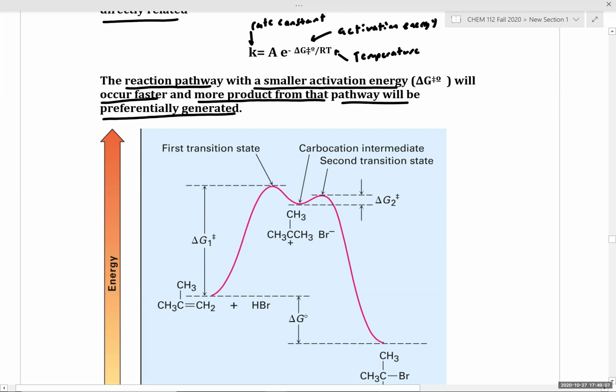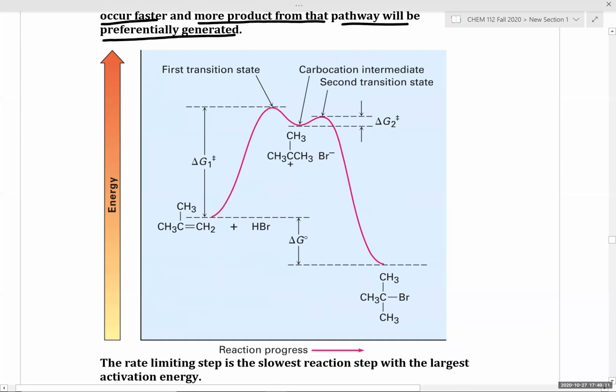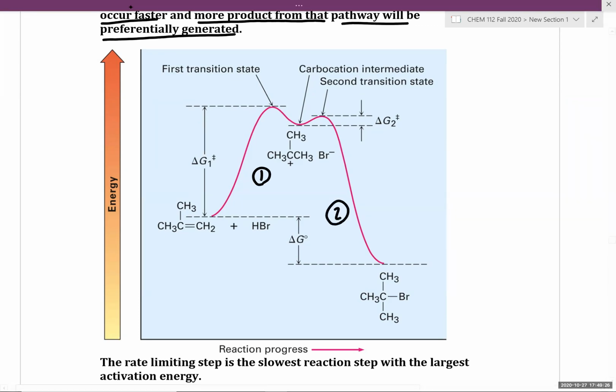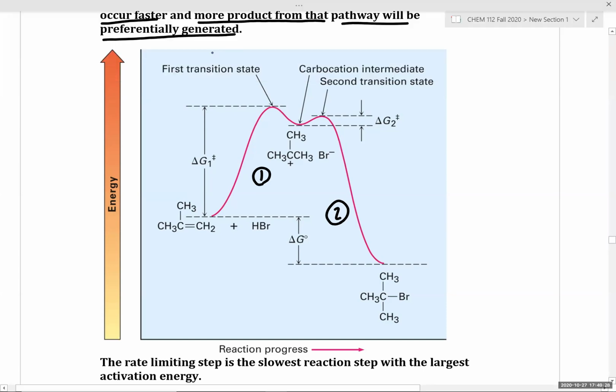Okay, so in this case, we're looking at a full reaction coordinate for an addition reaction. So we have two discrete steps in our chemical reaction, and each of these steps has an activation energy.